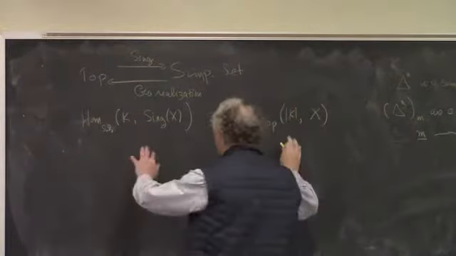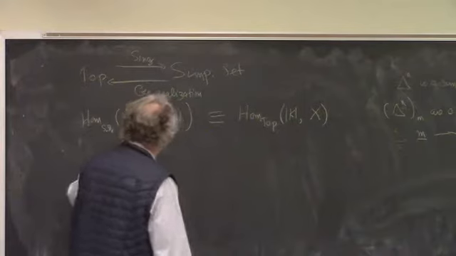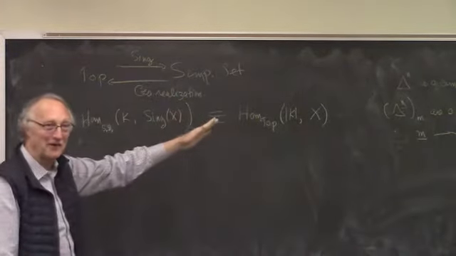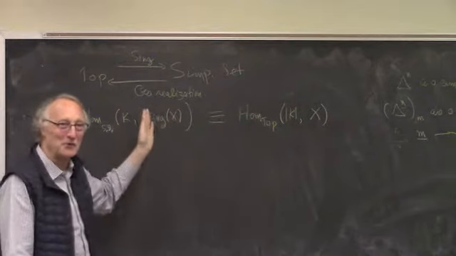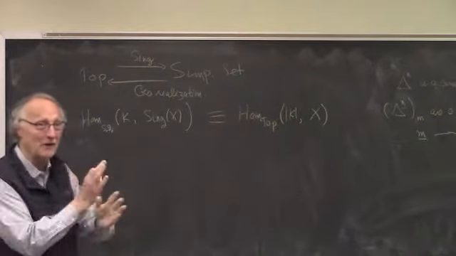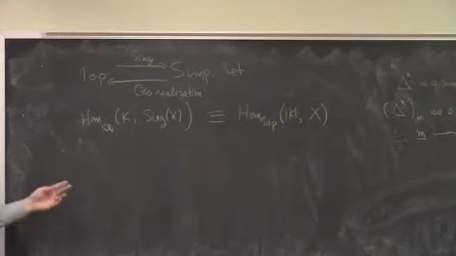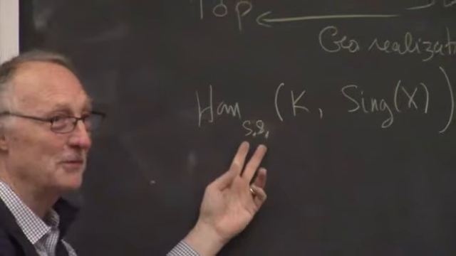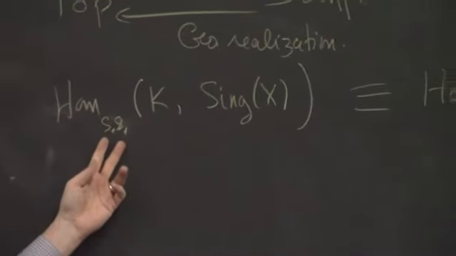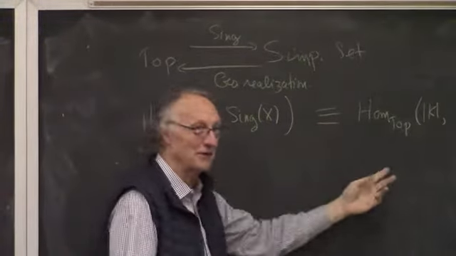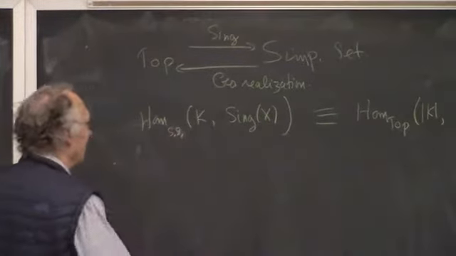One is the left adjoint of the other, and the other is the right adjoint of the first. I never know which is left and which is right. But they're not adjoint in the other order. The subscript SS is for simplicial sets, and this one is topological.